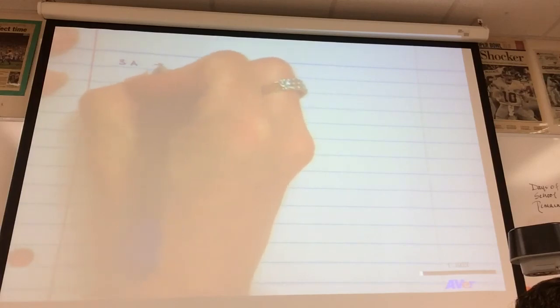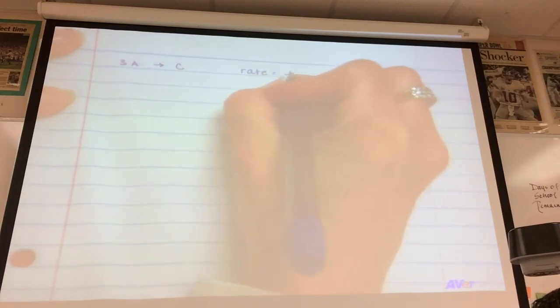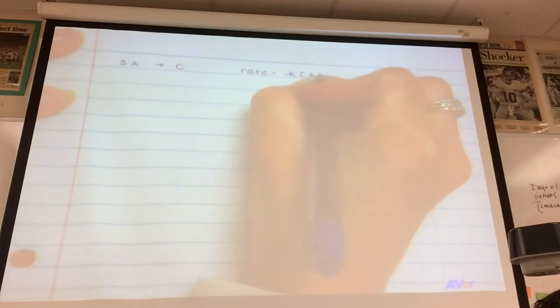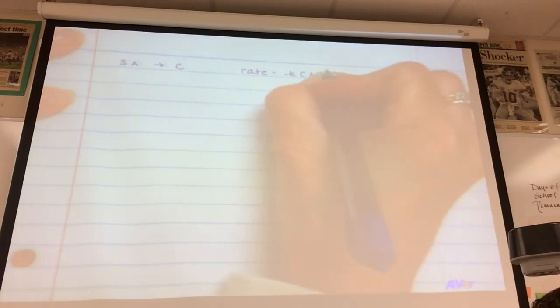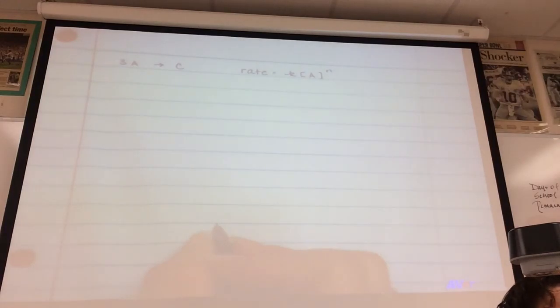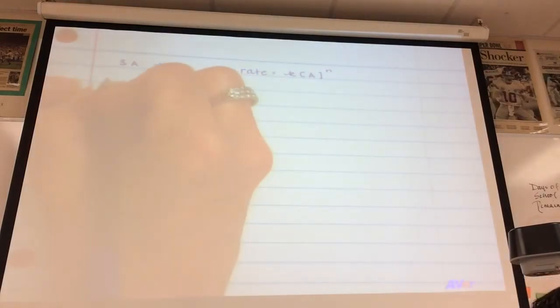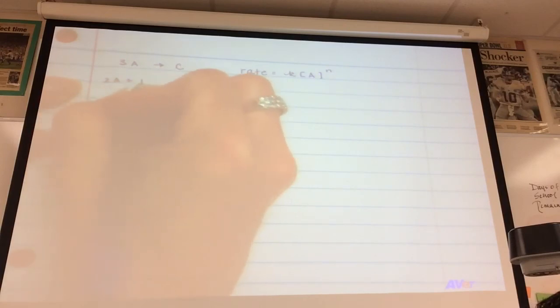So for example, if you had 3 moles of A reacting to form C, we learned how to write a rate law where you have the concentration of reactant raised to some power n, where n is the order with respect to A.